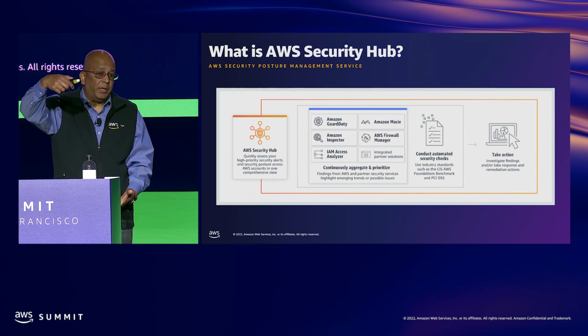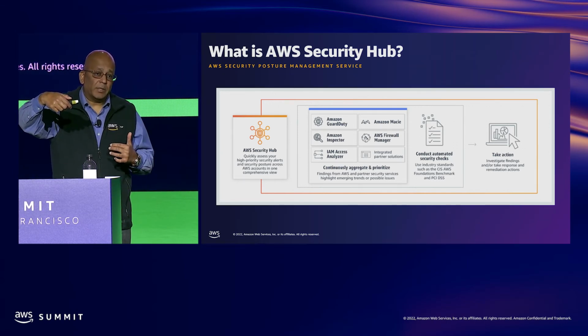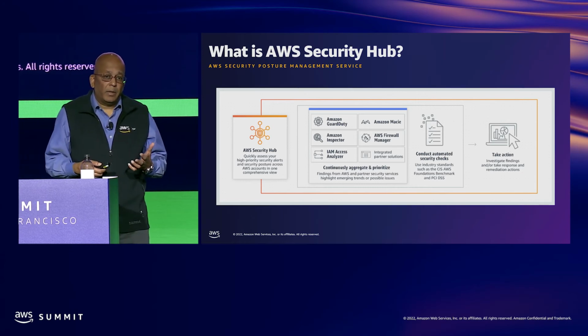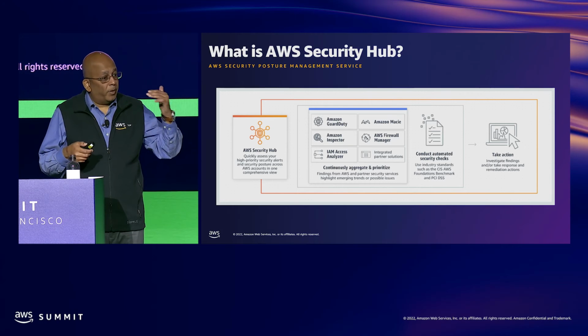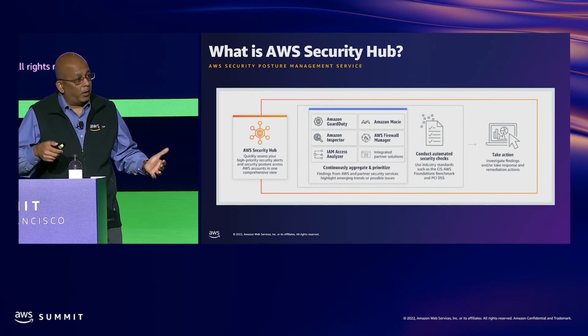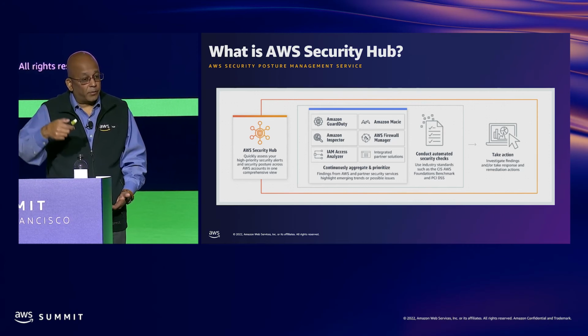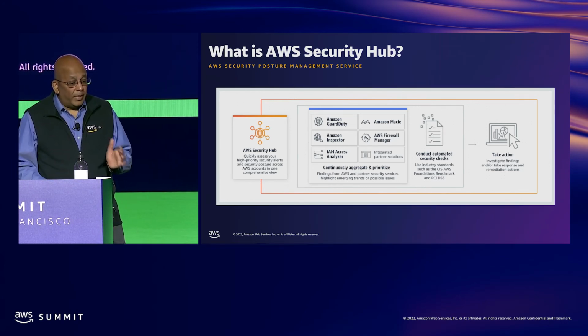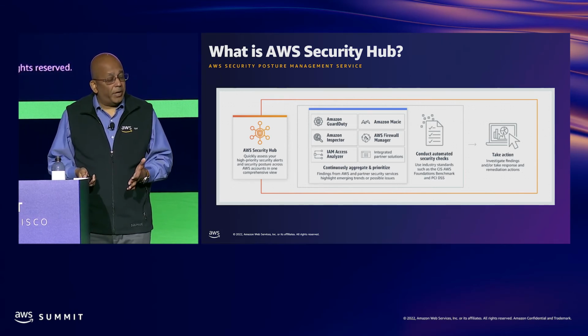So you get visibility to see the various findings that are coming from these security services, and then you can derive insights by correlating them, right? It's like, hey, from different systems, you're getting different inputs, but there's one single pane of glass now that you can really drive a lot of intelligence from. Another very important aspect of this is the ability to conduct automated security checks.